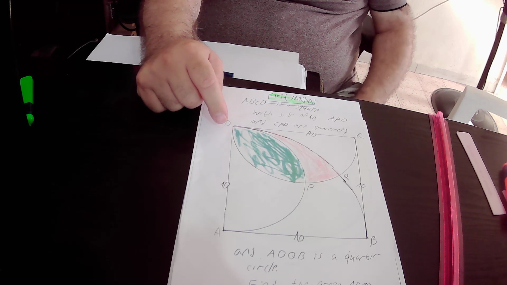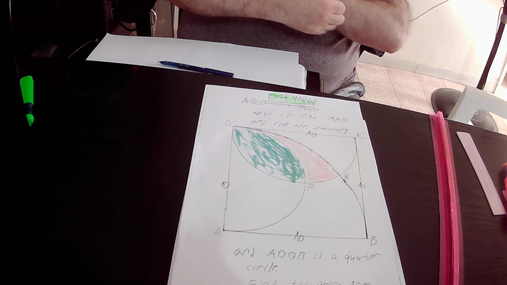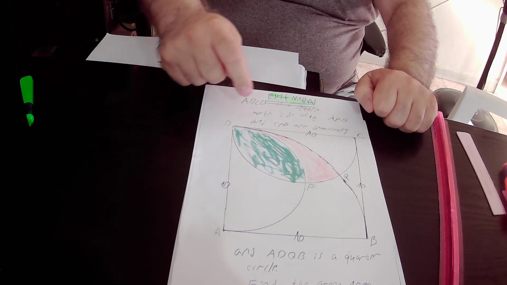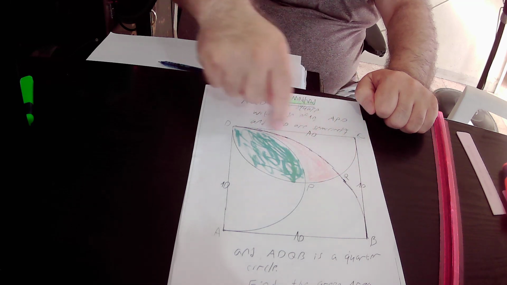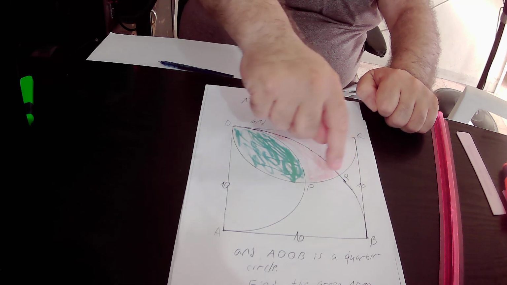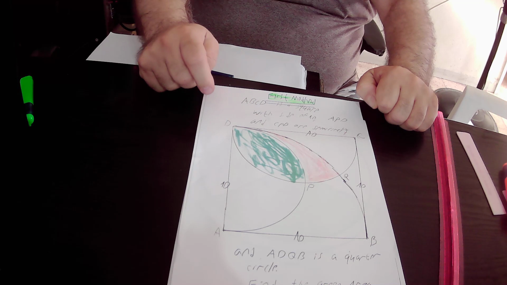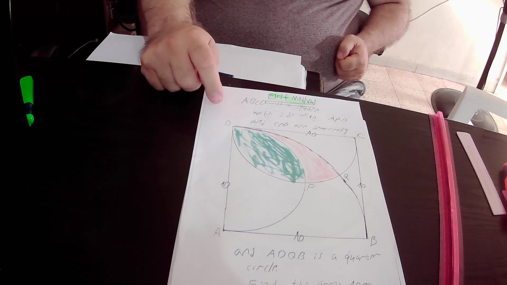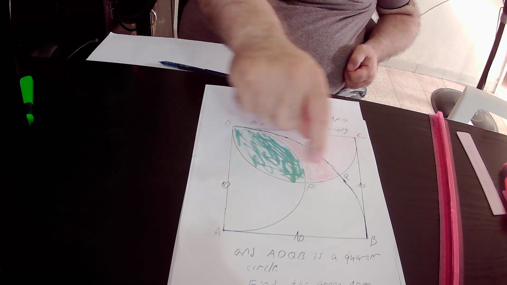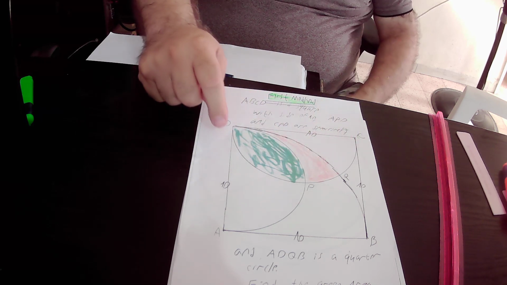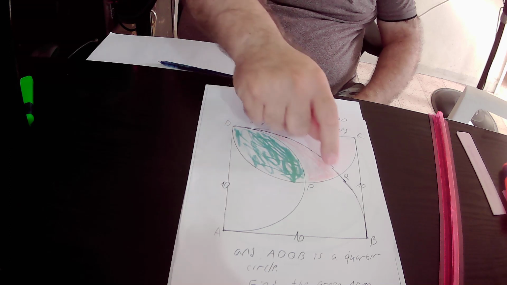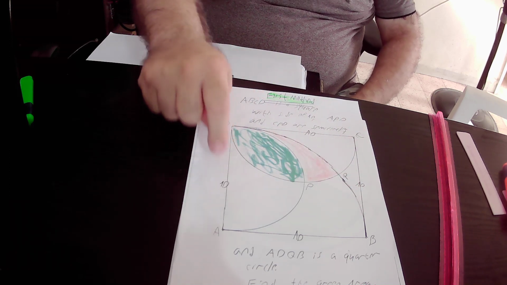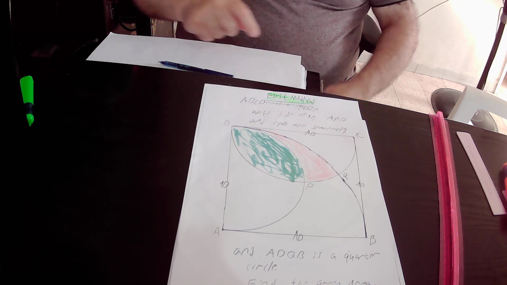Also, the big lens was created by the intersection of the quarter circle with this semicircle, and you can see that this semicircle is perpendicular to this quarter circle, that is to say this angle ADC equals 90 degrees.